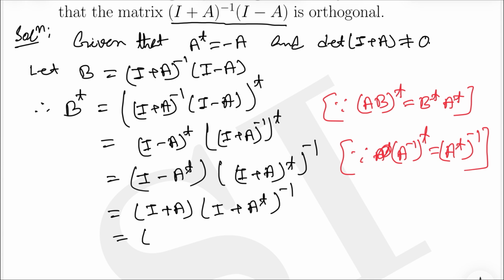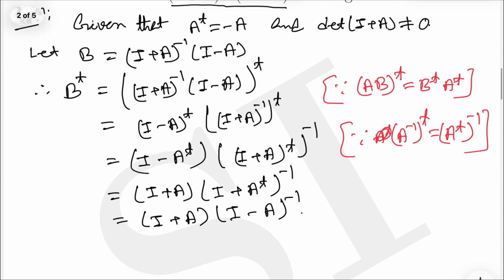Again put A transpose equal to minus A, so this is (I minus A) inverse. So this is B transpose.